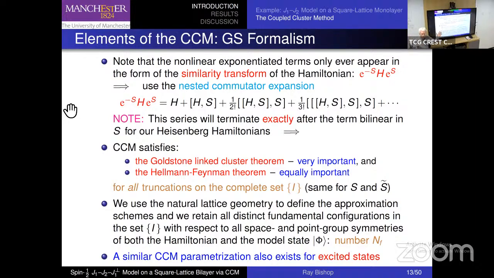We start with an infinite lattice. And at every level of approximation, we satisfy both the Goldstone linked cluster theorem, that tells me that the energy scales properly with particle number, and the Hellmann-Feynman theorem, which tells me that if I calculate any ground state properties, like order parameters, it will be fully consistent with what I have done for the Hamiltonian. So that's a once over again very quickly, but hopefully you remember all of this stuff from the 2 previous lectures. And if you don't, now's the time to ask.